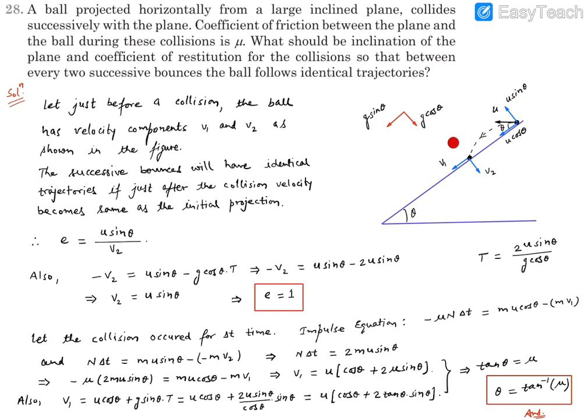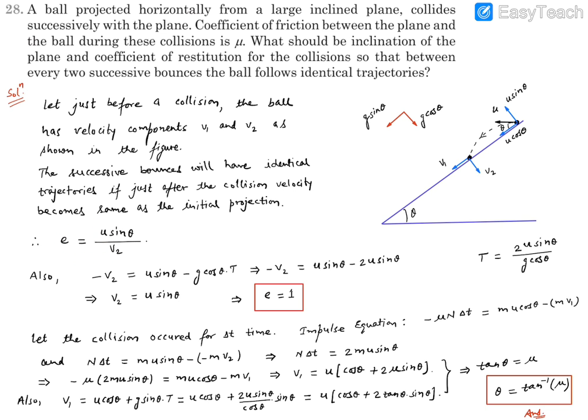The line of impact is perpendicular to the inclined plane, hence we are looking for the velocity component perpendicular to the inclined plane. So E is velocity of separation divided by velocity of approach. This is the E expression.